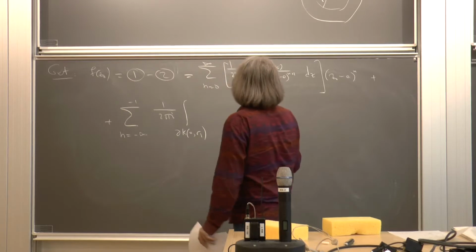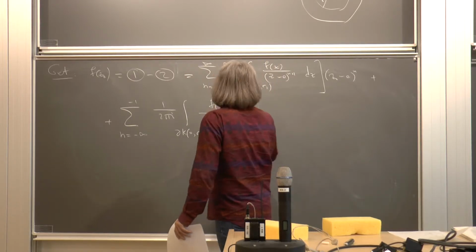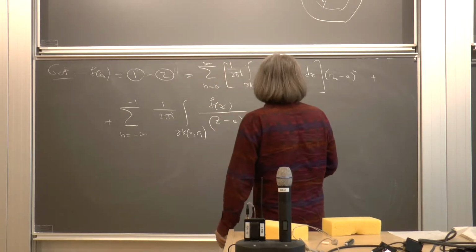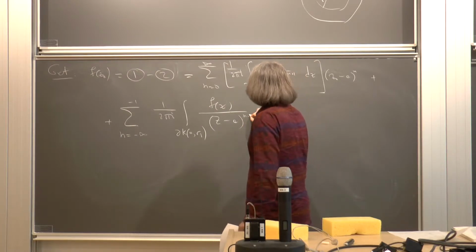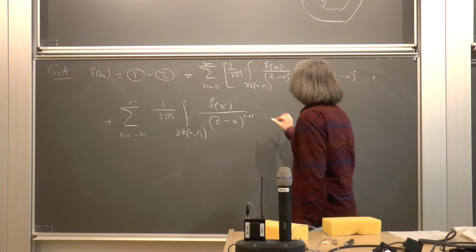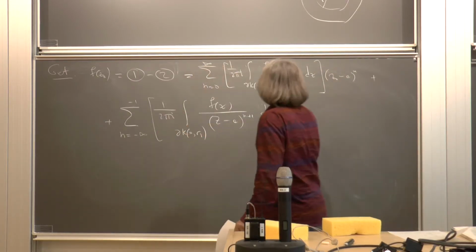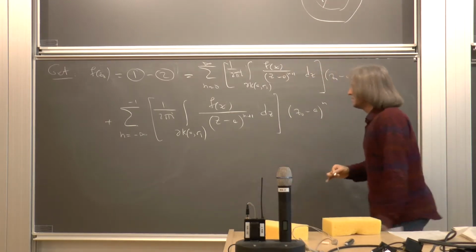So we're almost done. f of z, (z minus a) to n plus 1, dz. And again, (z naught minus a) to the n.